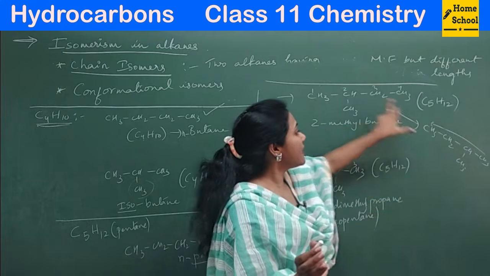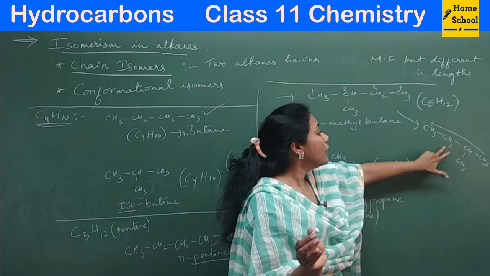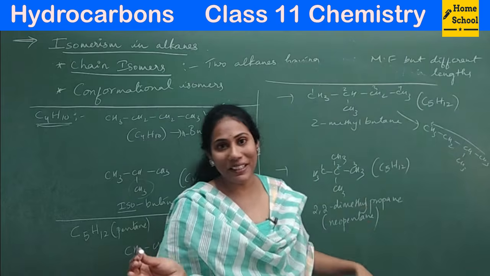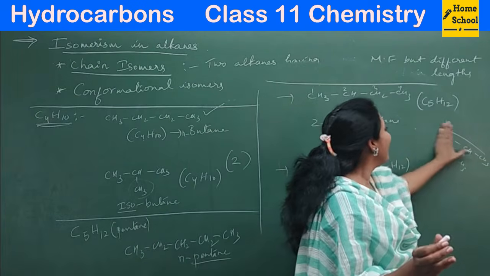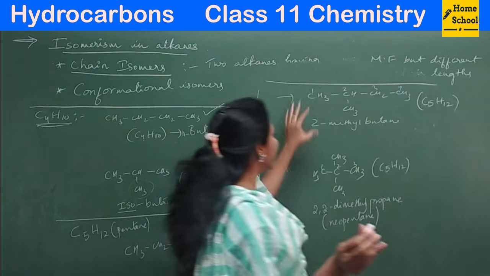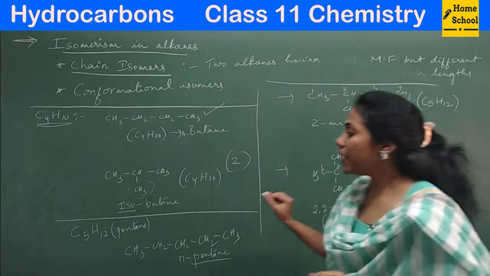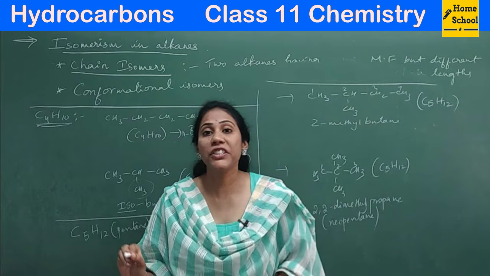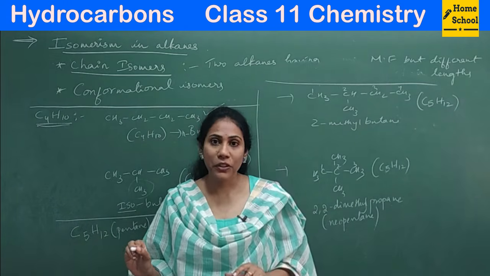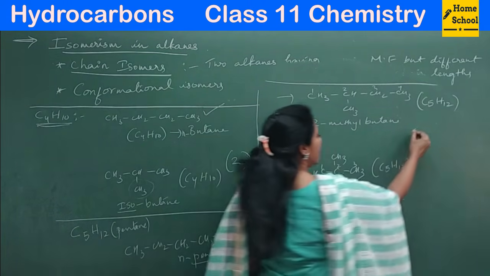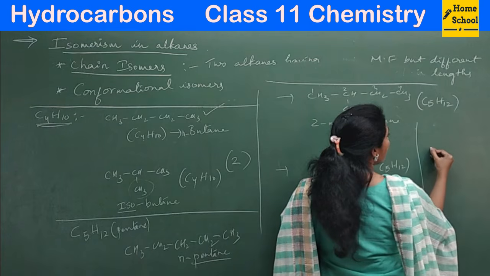Actually, this and this are similar, so you cannot show this as the fourth isomer here. Okay, so there are only three possible. One is this, second one is this, third one is this. So C5H12 can show how many chain isomers? Only 3.